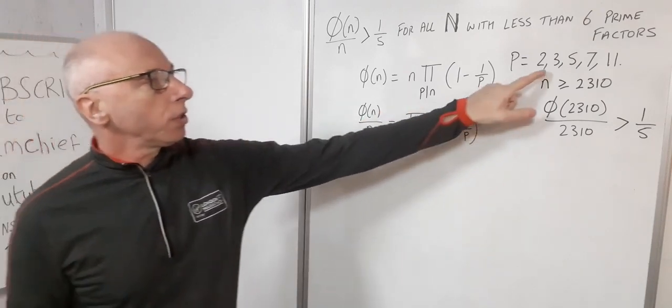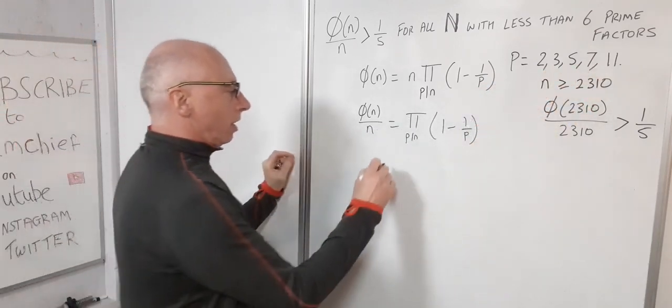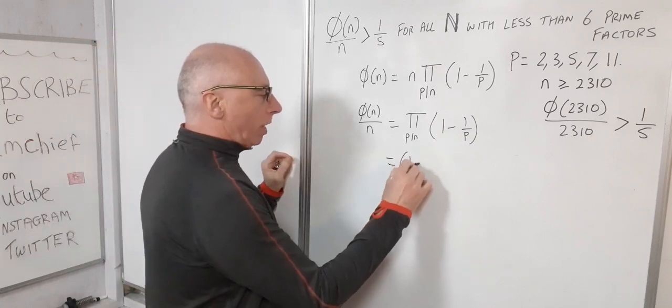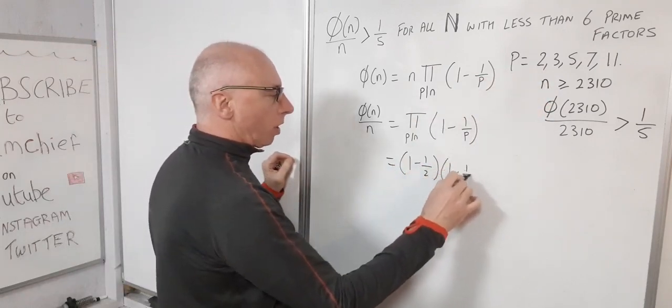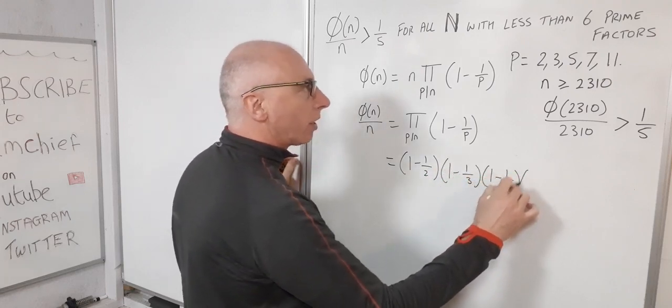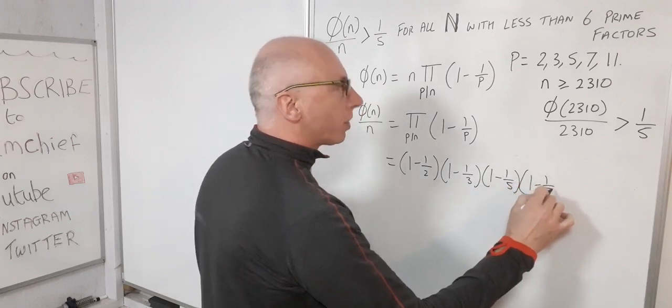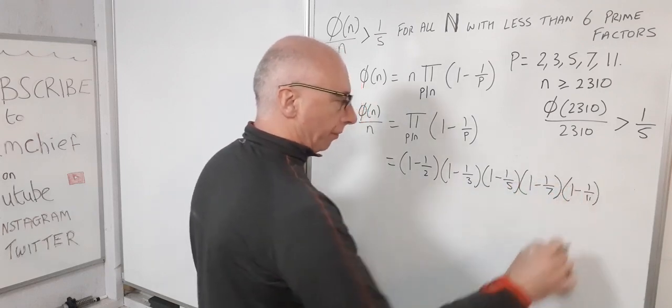But for now, let's just use these first prime factors and plug that into here. So now we've got 1 minus 1 over 2, 1 minus 1 over 3, 1 minus 1 over 5, 1 minus 1 over 7, and 1 minus 1 over 11.